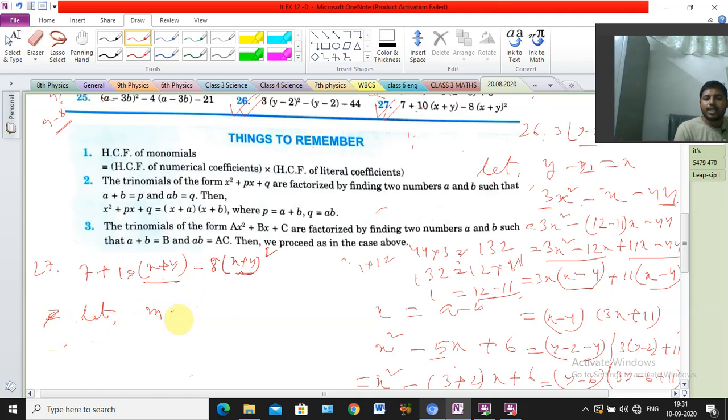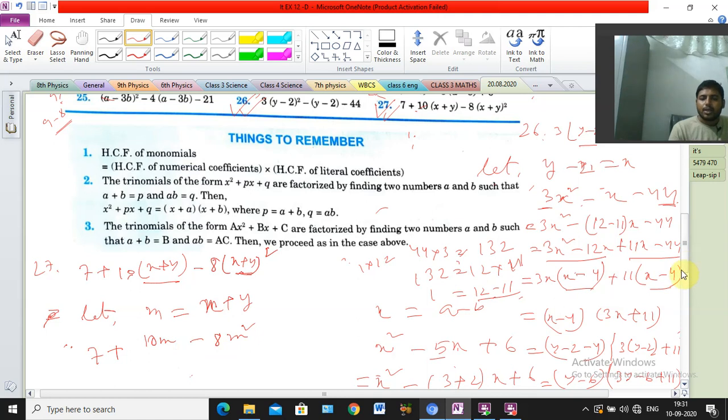Let m equal to x plus y. So instead of x plus y we are considering m. Now write the question: 7 plus 10m minus 8m square, this is the question now. Now solve it. Now it is easy.